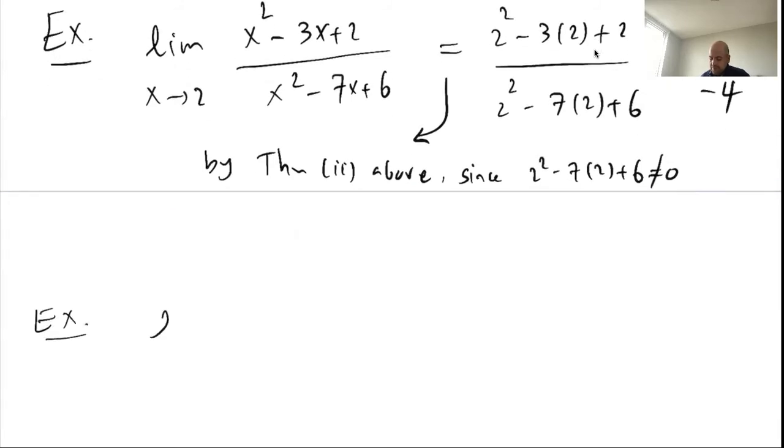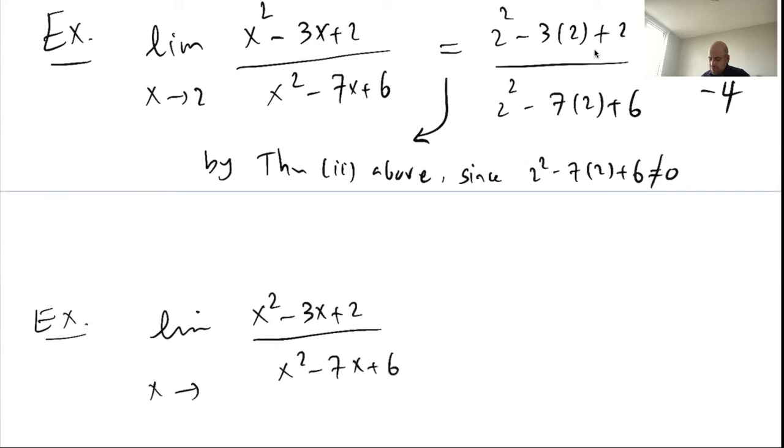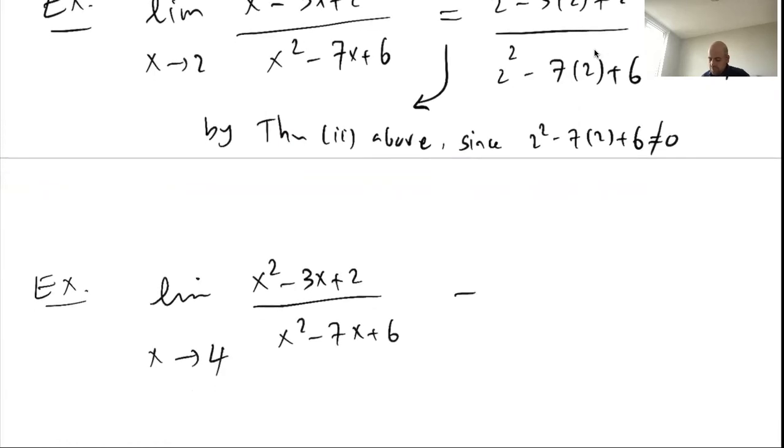Or another example, let's say, what about again the same function? This time x approaches 4. So this is 4 squared minus 3 times 4 plus 2 divided by 4 squared minus 7 times 4 plus 6.